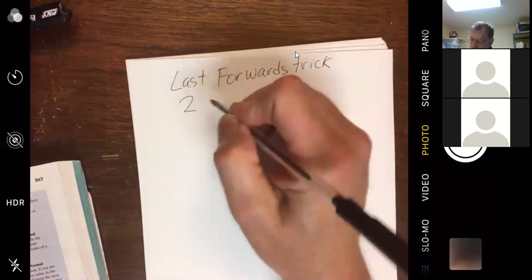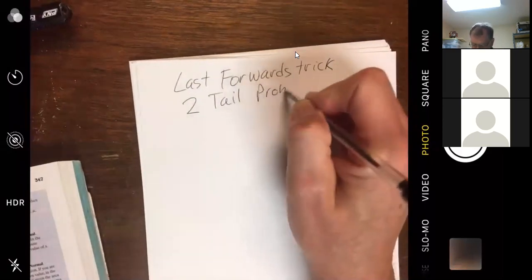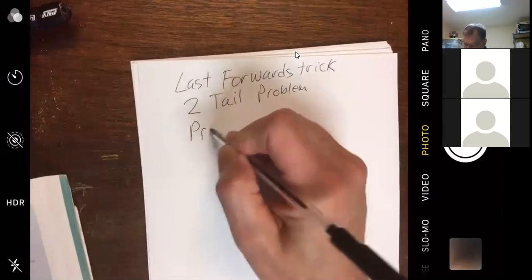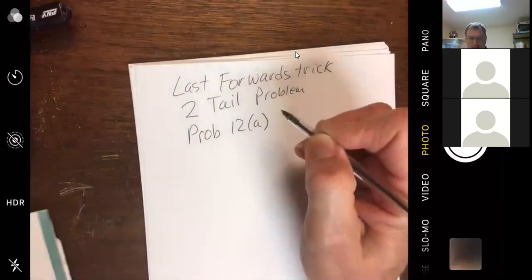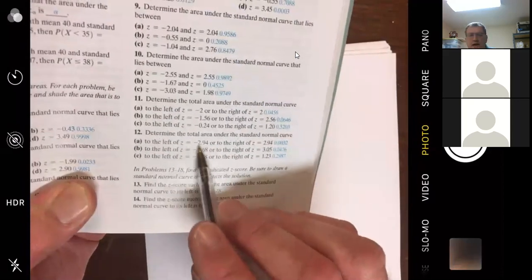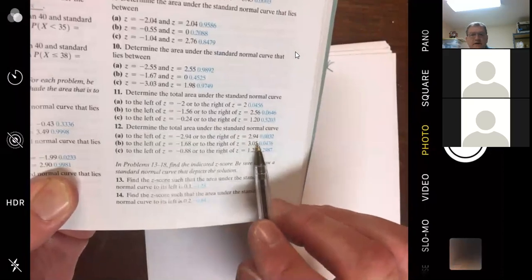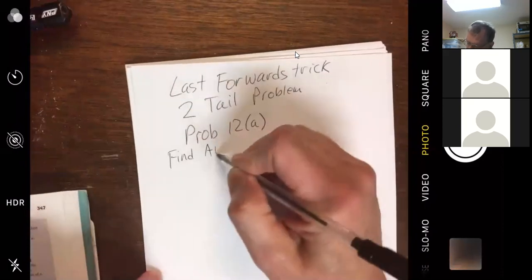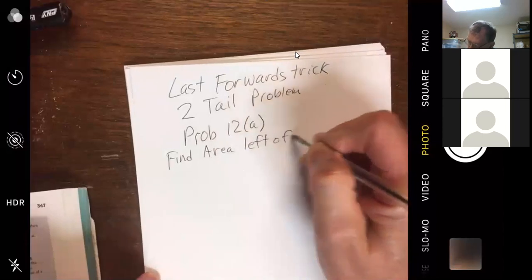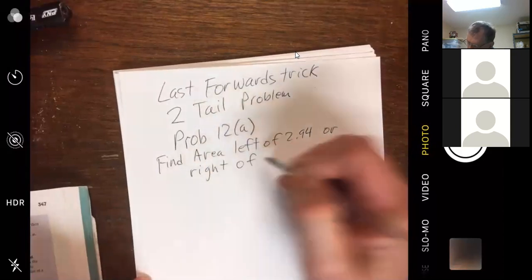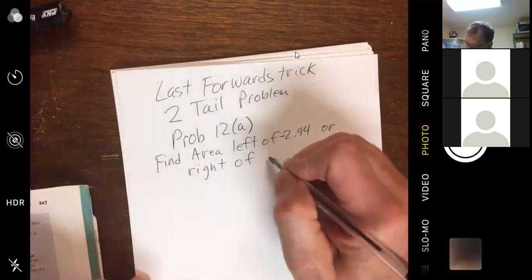I call it the two-tail problem. Let's try problem 12A: determine area left of negative 2.94 or right of positive 2.94.